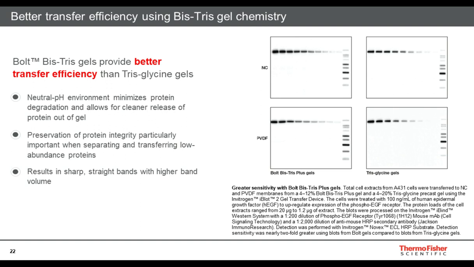Both gel types were then transferred using the iBlot 2 from Invitrogen onto either nitrocellulose or PVDF membranes and then probed for the phospho-EGF receptor mouse monoclonal antibody, followed by an anti-mouse HRP secondary and detected with ECL. The Bis-Tris gel shows greater overall intensity and additional band detection at the low end, illustrating the higher and more complete protein transfer out of the gel and onto the membrane.